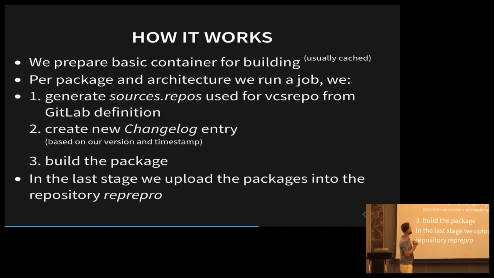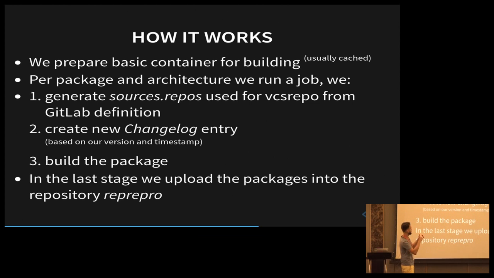How does it work? In our repo, we prepare a basic container, which is the same version of Debian as we build for. We create a job per each package and per each architecture we build for, so it can run in parallel and pretty quickly.